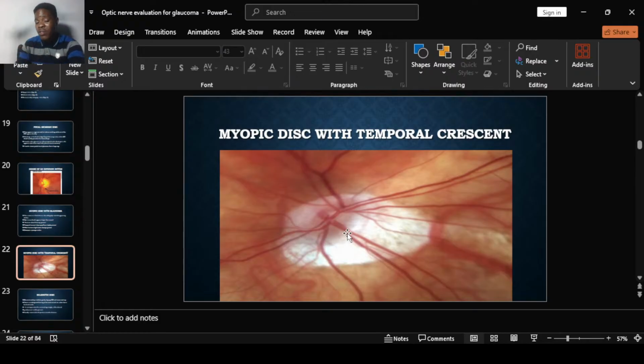It is important that when we see this, we note this. Now this should not be mistaken for the morning glory optic disc. In the morning glory, the optic nerve fibers come here and they stop at this point. But this is not a morning glory; this is myopic disc with temporal crescent.